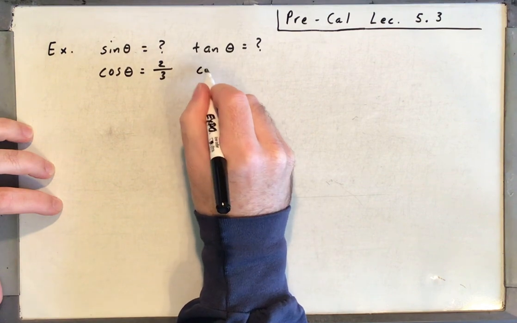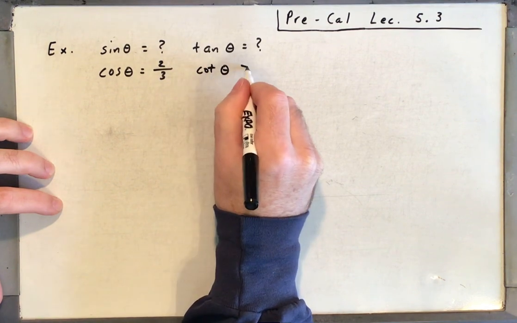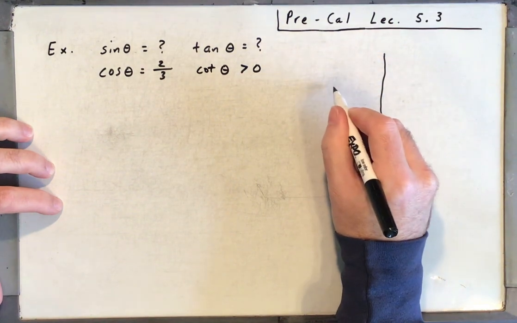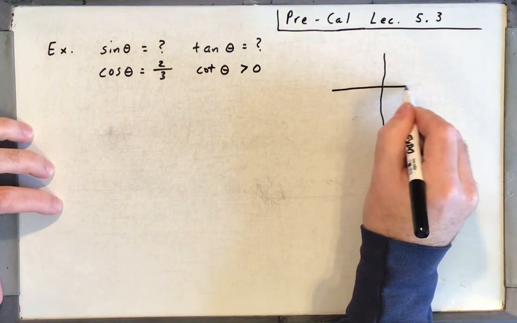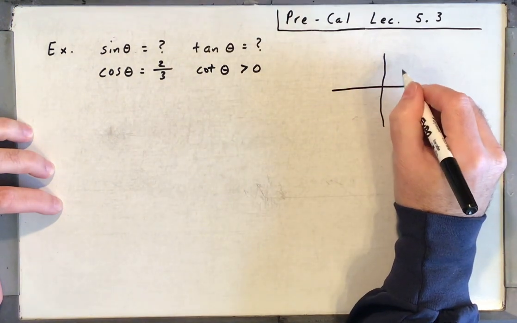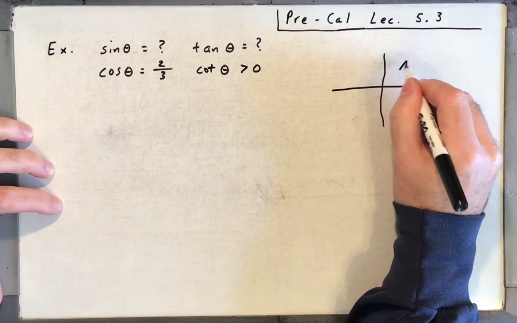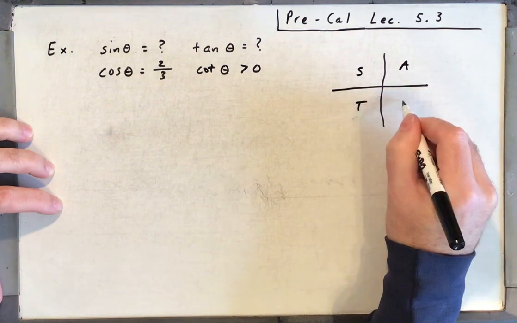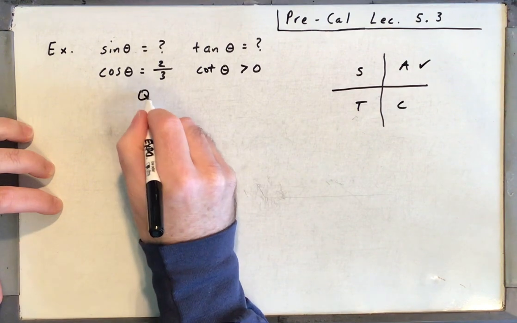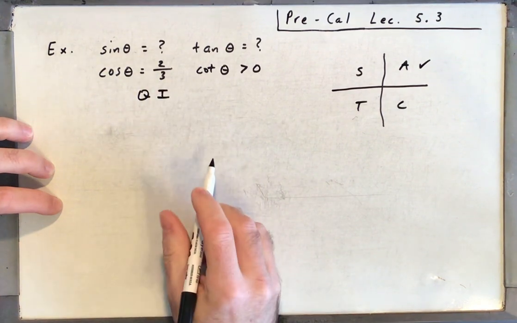And then cotangent is greater than 0. Both cosine and cotangent are positive, so that can only happen in quadrant 1. We've got to be in quadrant 1 if both of those are positive. So that helps us. Quadrant 1.